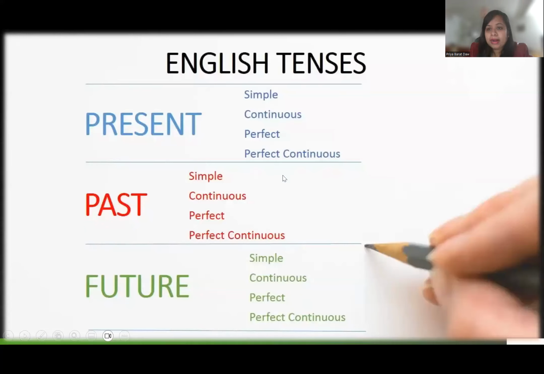Present has four parts as I told you before: simple present, continuous present, perfect present, and perfect continuous present. Past also has four parts: simple past, continuous past, perfect past, and perfect continuous past. And future has four parts: simple future, continuous future, perfect future, and perfect continuous future.